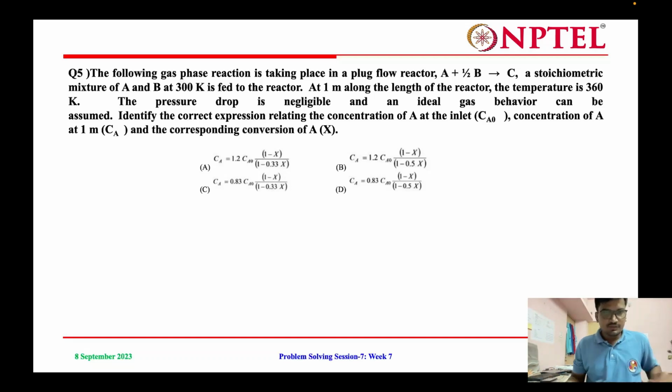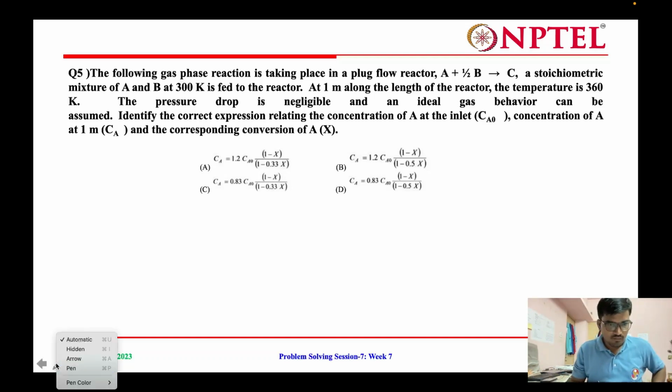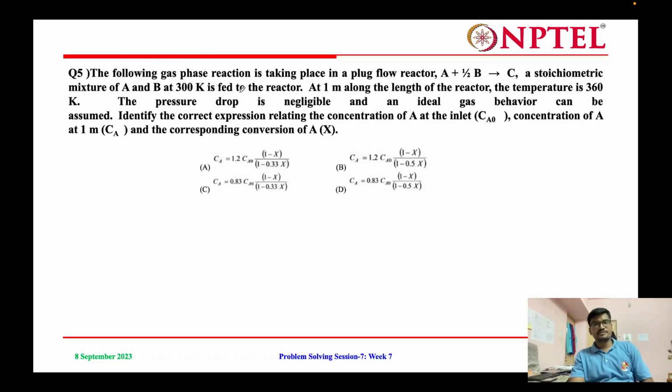Now question 5. The following gas phase reaction is taking place in a plug flow reactor: A plus 1/2 B gives C. A stoichiometric mixture of A and B at 300 Kelvin is fed to the reactor. At 1 meter length of the reactor, the temperature is 360 Kelvin. The pressure drop is negligible.